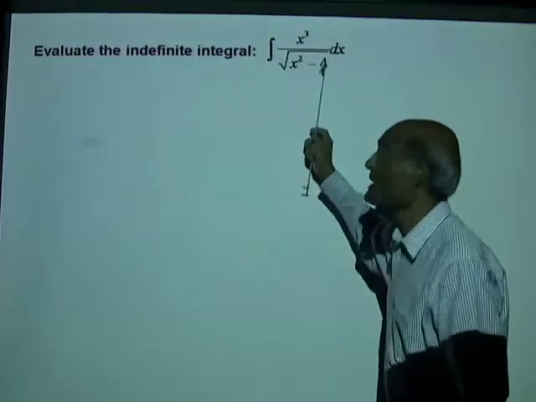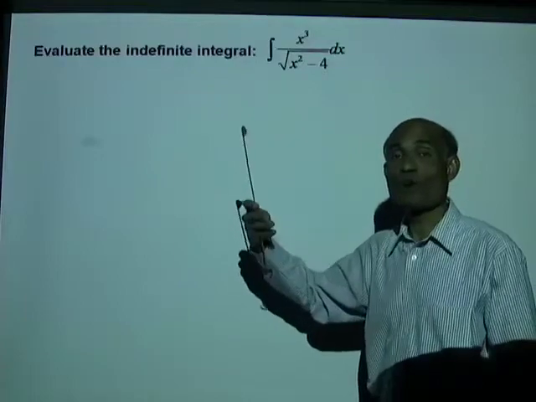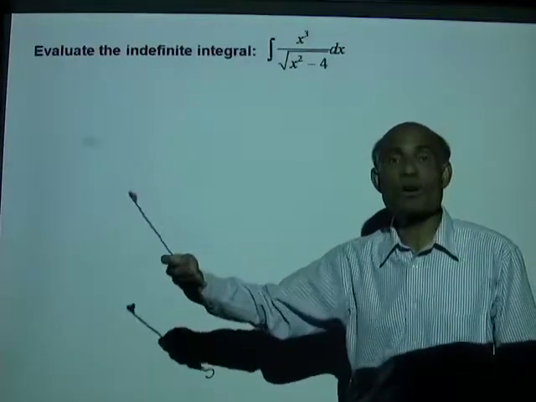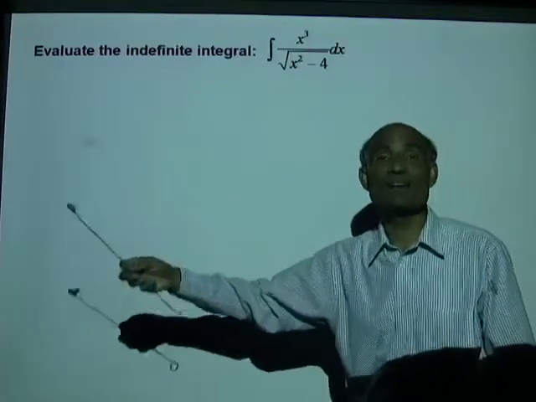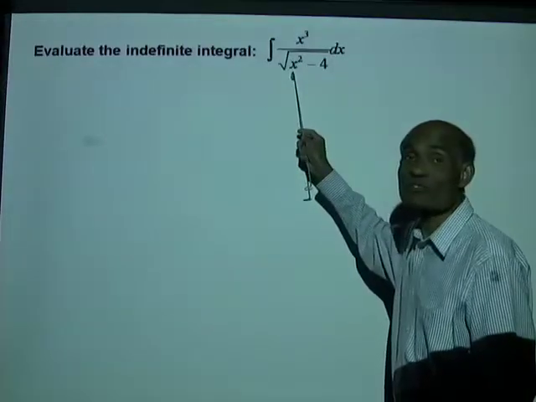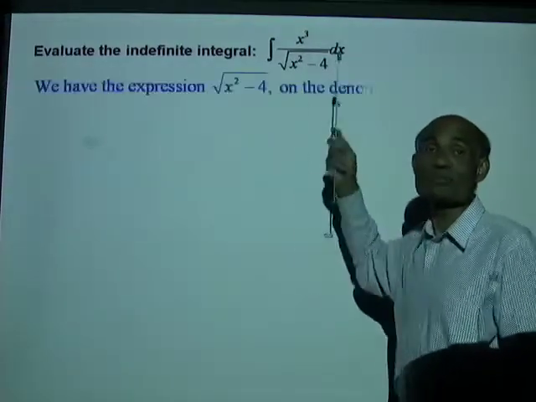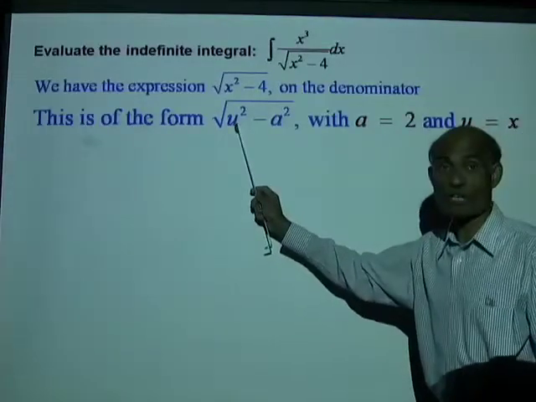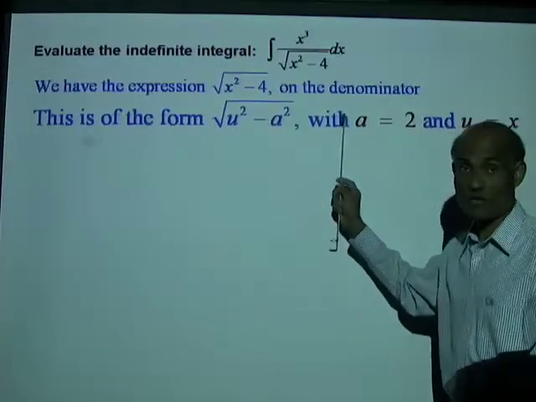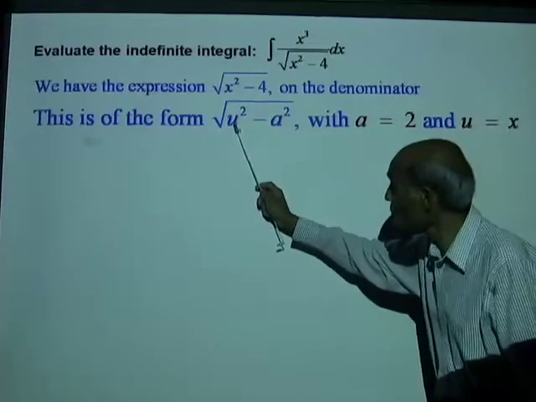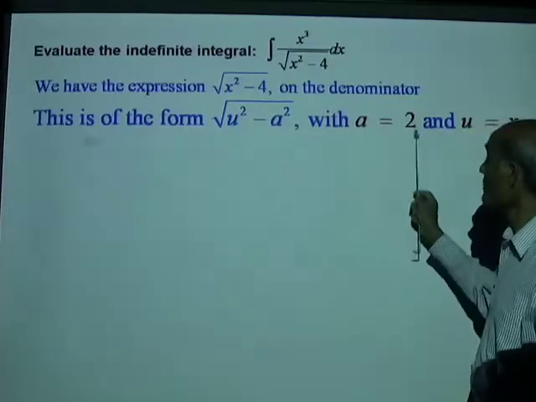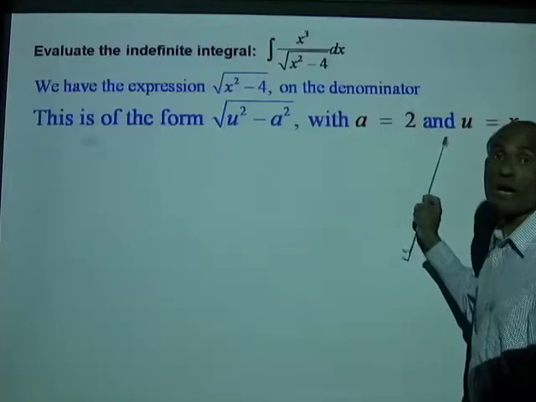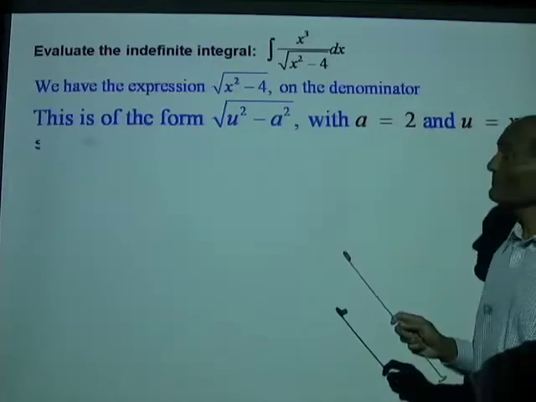Square root x squared minus 4 is of the form square root u squared minus a squared, where our u is x, our a is 2. Is that right? So this is of the form square root u squared minus a squared, with a equal to 2 and u equal to x.